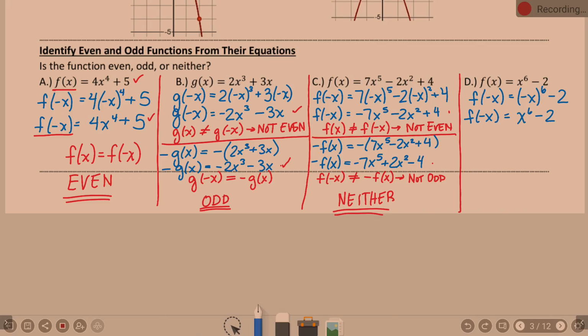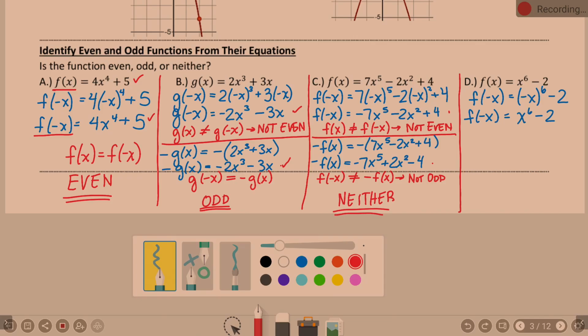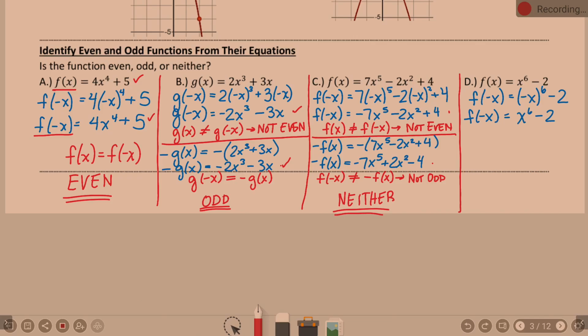And what are your thoughts? f of x is the same as f of negative x. So, since f of x equals f of negative x, we know this is an example of an even graph.